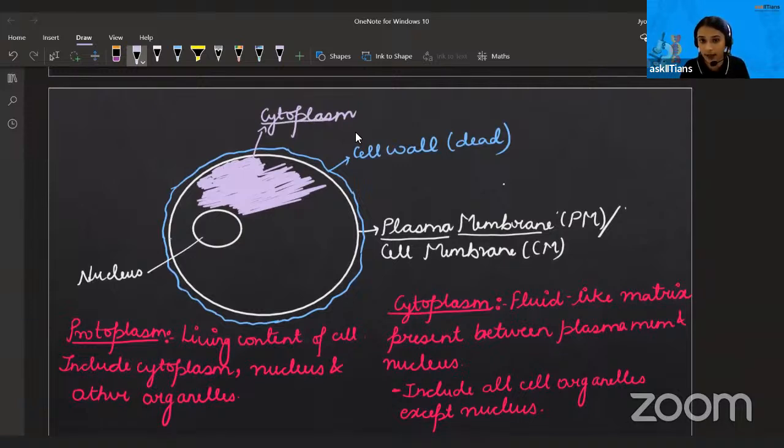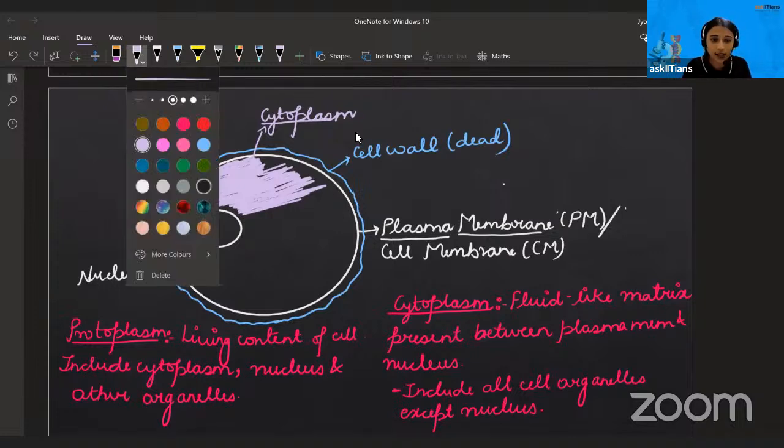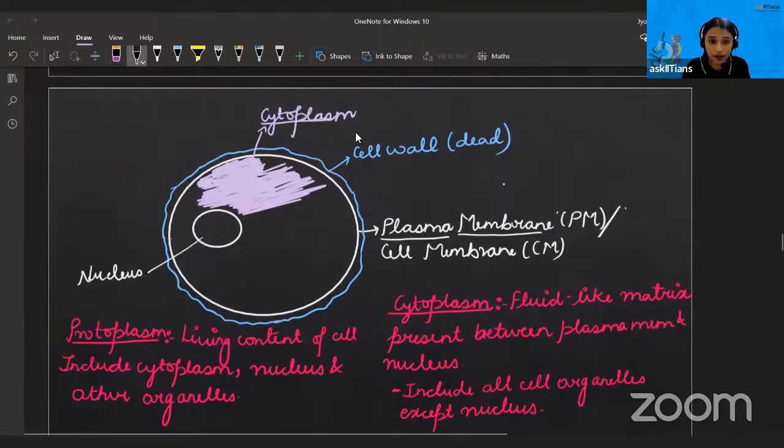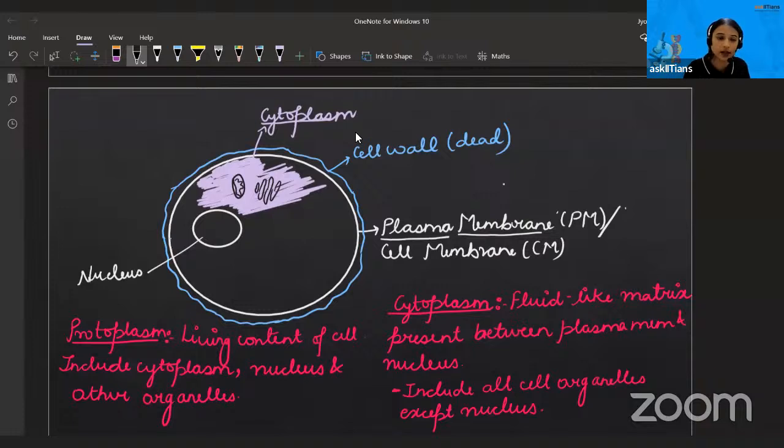The nucleus is not present here. It includes other organelles like mitochondria and Golgi. We will discuss them one by one. We will cover all these organelles. So this is the difference.